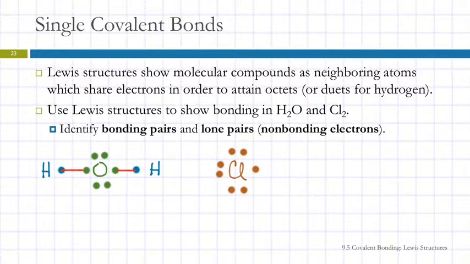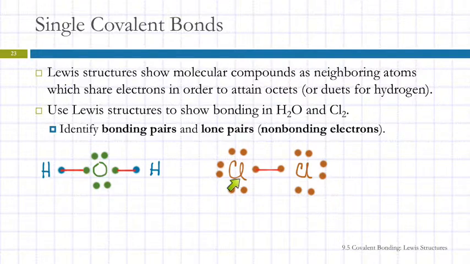Well, if there's 1 chlorine atom, there's going to be another one nearby. So here's another chlorine atom. This one also has 7 valence electrons. They can't agree on who should give the other an electron to make them happy, and so they share. So they each share 1 electron with the other.